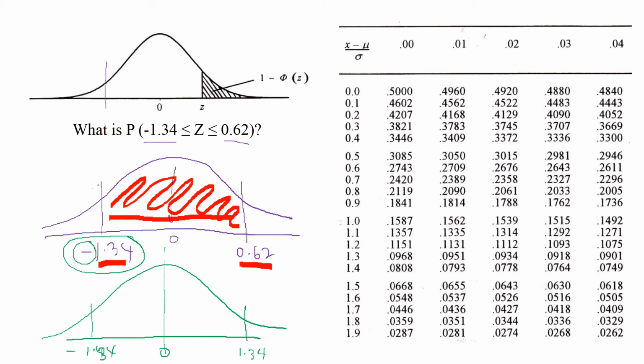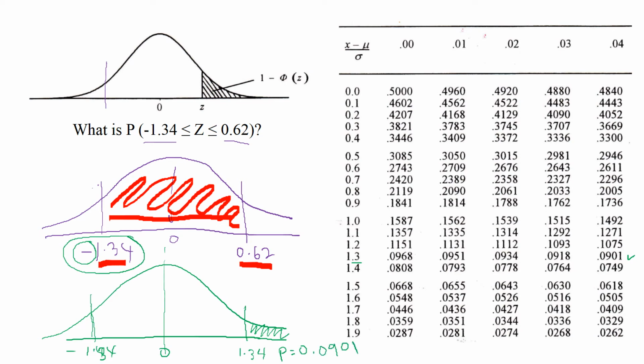The value of 1.34 in the table gives you the probability of this area. So let's work on 1.34: 1.3 and 4 gives the probability 0.0901.